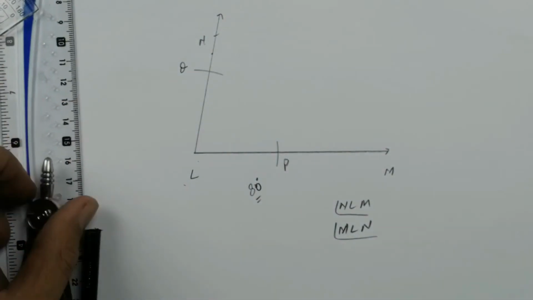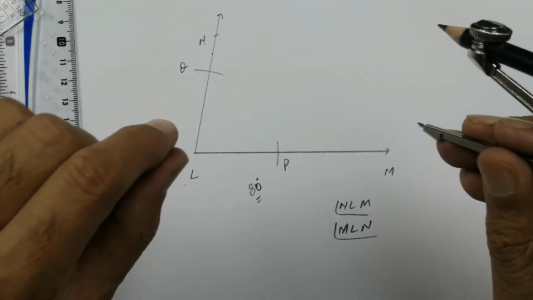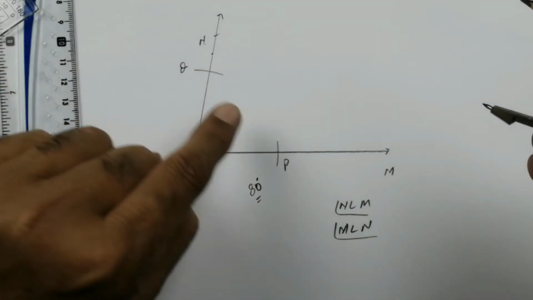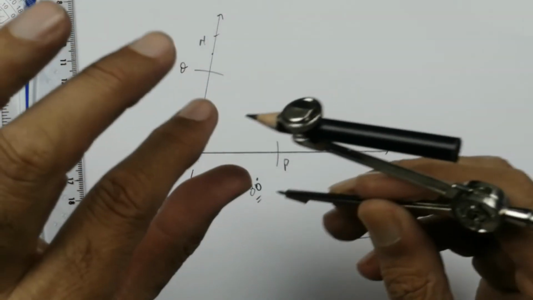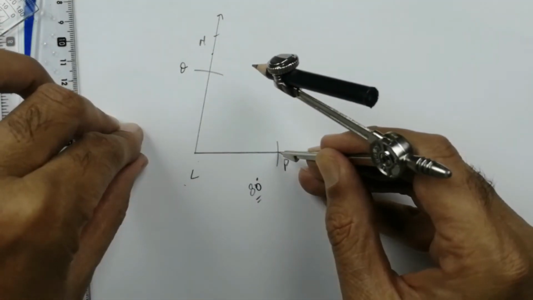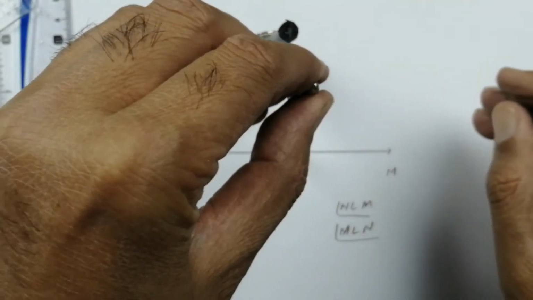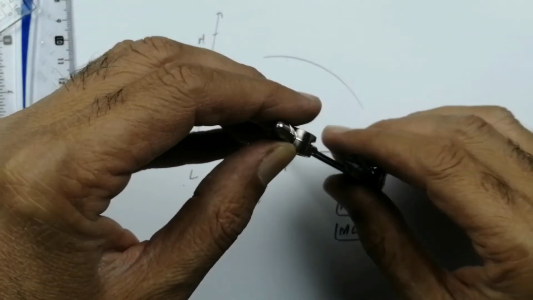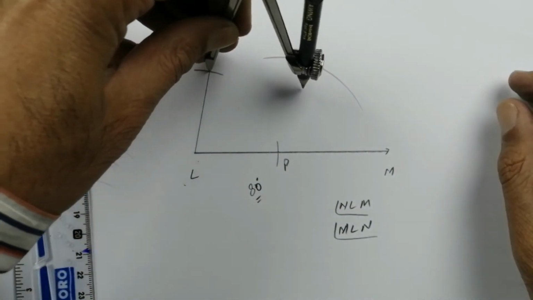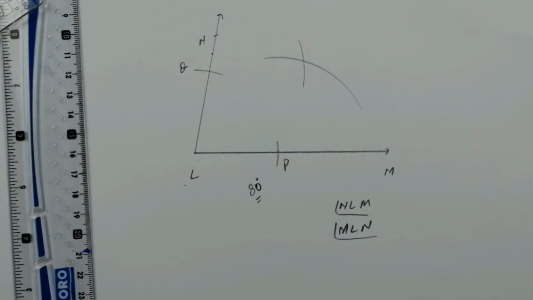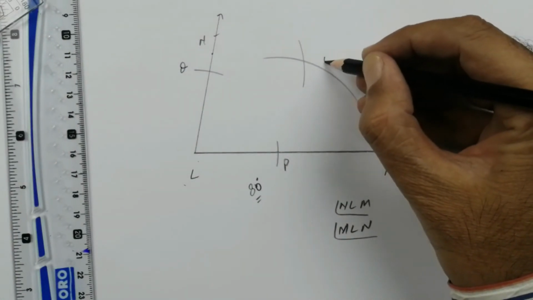Now we draw two arcs from points P and Q. You can change your compass to a different length. Make an arc from P like this, and with the same length make an arc from Q. Both arcs meet at a point, which I name O.